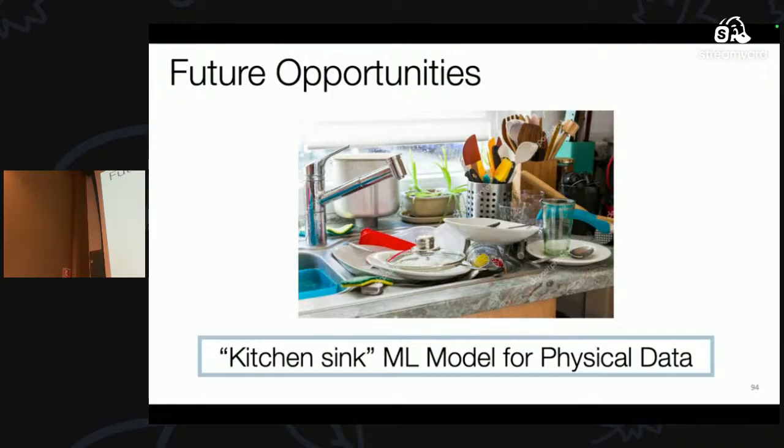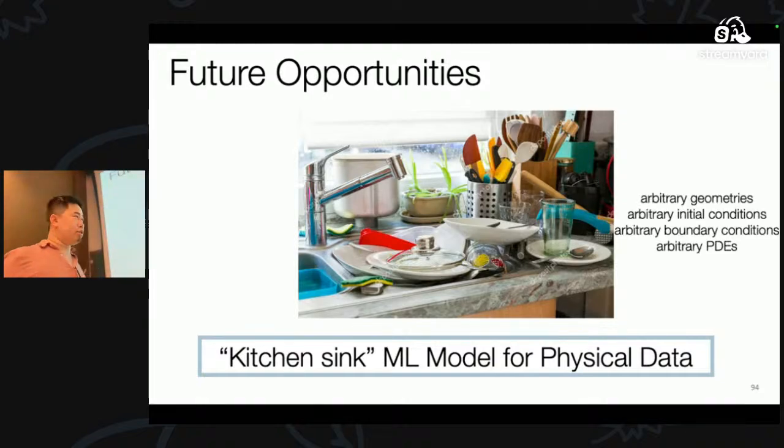So how can we actually go for such a model? That's the goal. I think we're still quite far from it, but at least I want to make the point that whatever model we choose, you should be able to handle arbitrary geometries and arbitrary materials.